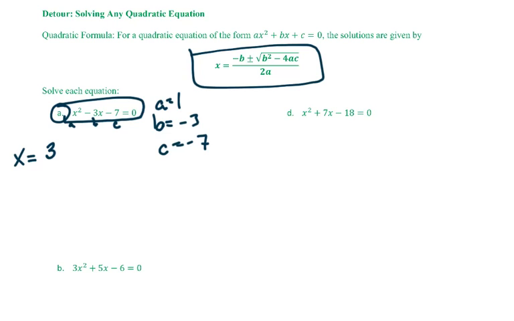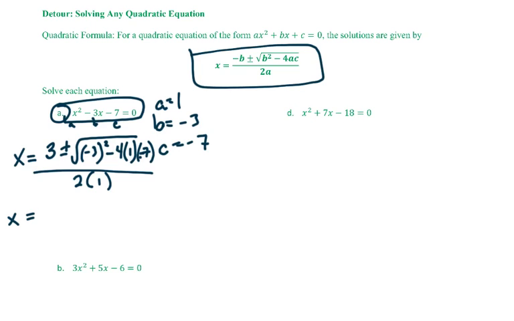If you have a negative b value and you're doing negative b, then that's just positive. So 3 plus or minus the square root of negative 3 squared minus 4 times 1 times negative 7. Make sure that's a negative. All over 2 times 1.